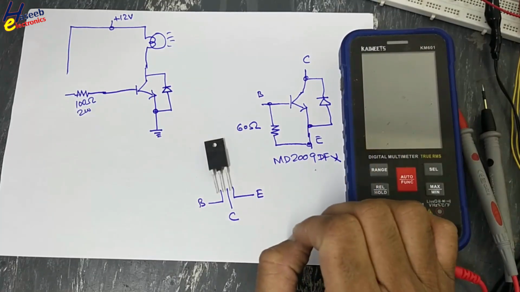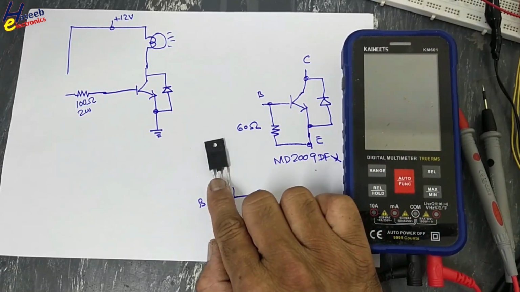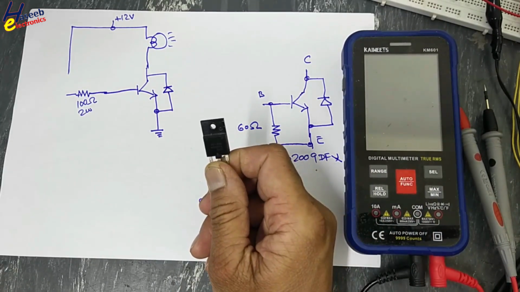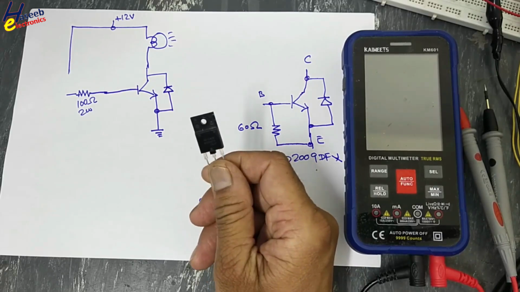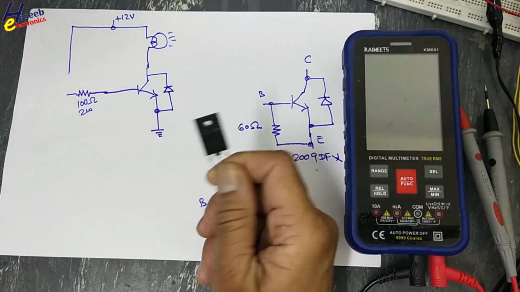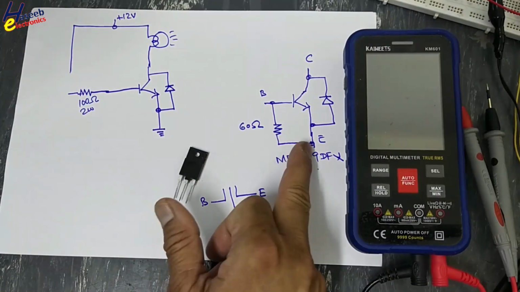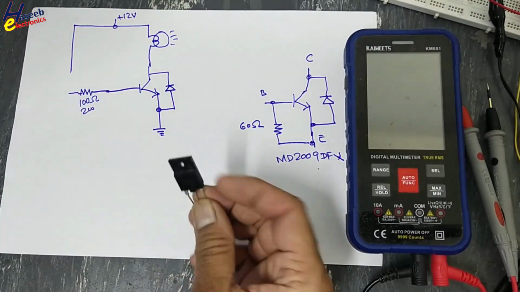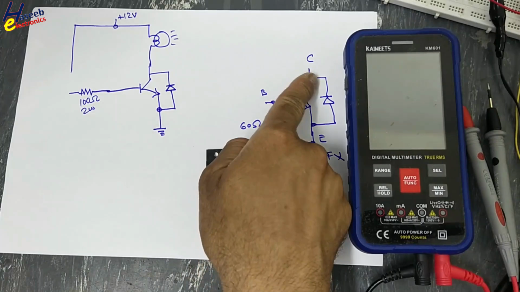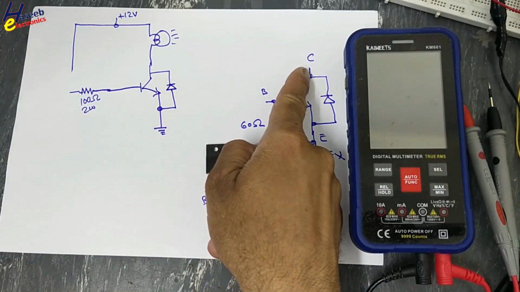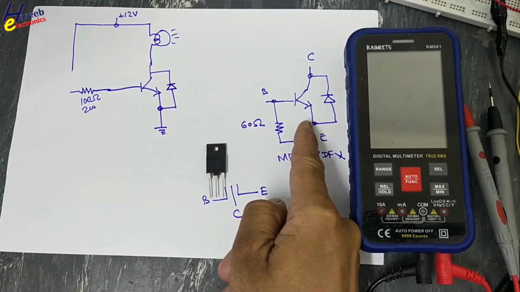In the last video I demonstrated how to test this standard definition CRT color TV horizontal deflection driver transistor, MD2009. Base to emitter resistance is inbuilt. A freewheeling diode, the body diode, is connected from collector to emitter.